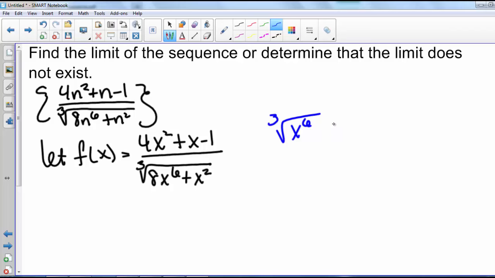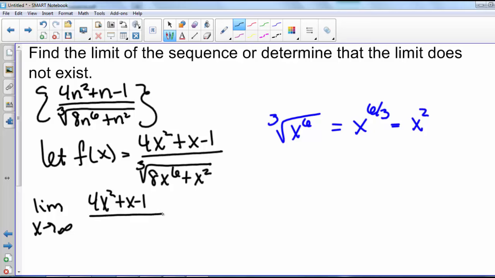So that is x to the 6/3, which is x squared. So we want to multiply the top and the bottom by 1 over x squared when we go to find our limit. So we're finding the limit as x goes to infinity of 4x squared plus x minus 1 over the quantity cubed root of 8x to the 6th plus x squared, and multiply the top and the bottom by 1 over x squared.